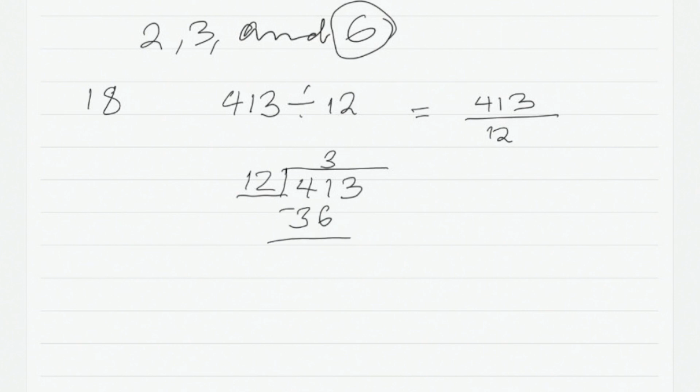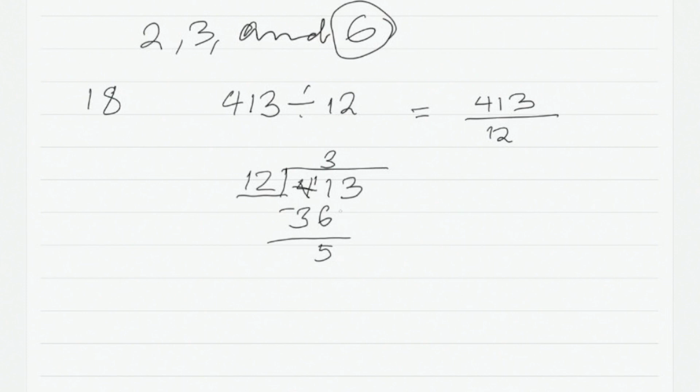You subtract. So you get 1 and put it there, it will give us 11. 11 take away 6, that is 5. Here we remain with 3. 3 take away 3, that is 0. Meaning that if you divide 12 into 41, it will go in 3 times and your remainder will be 5.